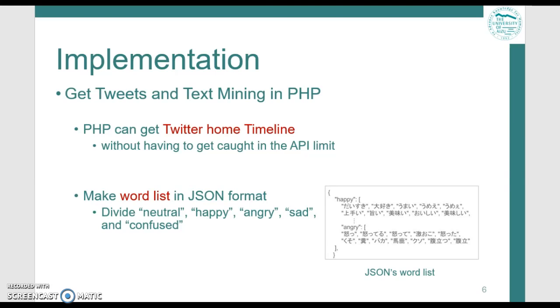In addition, he made a word list in JSON format. This word list is divided into 5 categories: neutral, happy, angry, sad, and confused. If this word list is used, the application can do text mining.